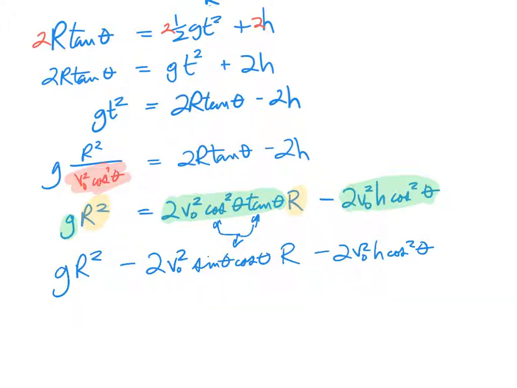Take that back. This needs to be plus. There we go. Now I have a quadratic function. And these things I'm highlighting will be the A, B, C in the quadratic function.